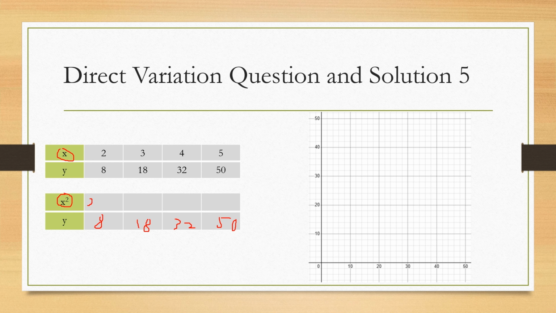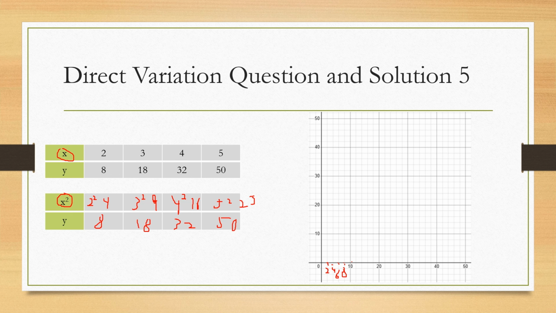So 2 power 2 would be 4, 3 power 2 would be 9, 4 power 2 would be 16, 5 power 2 would be 25. And then put it in the graph. For x, 4, how many spots? 1, 2, 3, 4, 5. So let's just say it is 2, 4, 6, and 8.